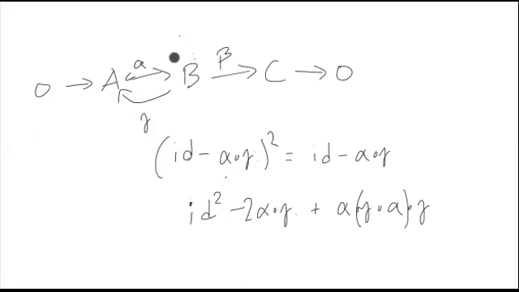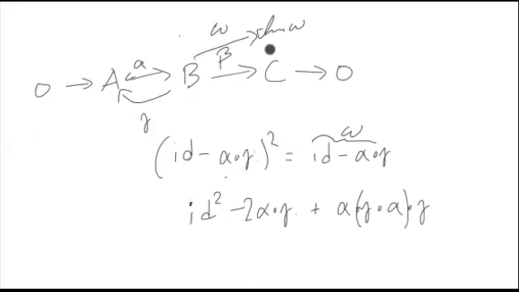When we get the thing for A and send it back, we keep on getting the same thing over and over again. That's what we should be getting. So that's hopeful. Now, let's call this map, identity minus alpha of gamma, omega.